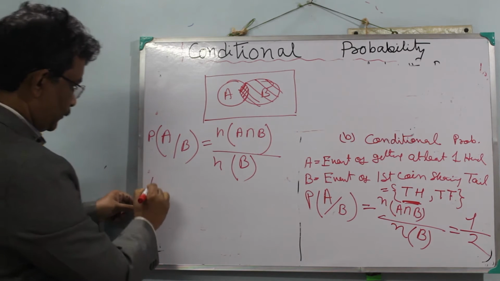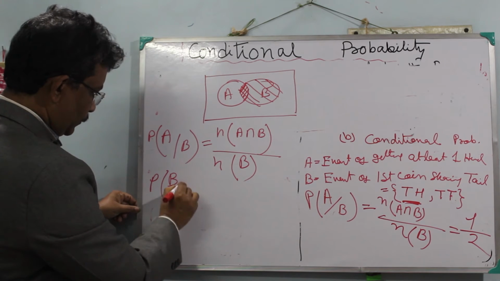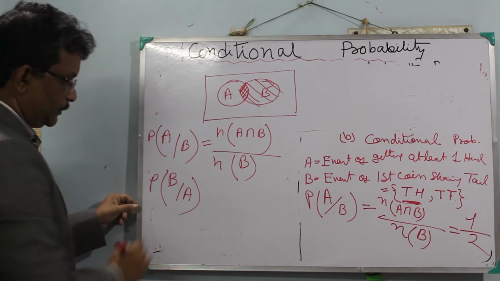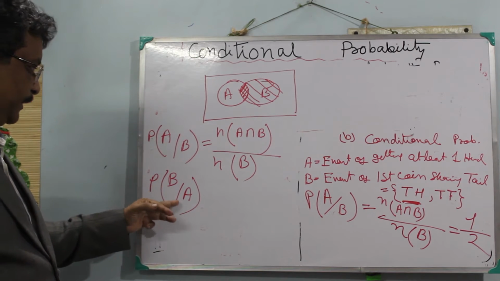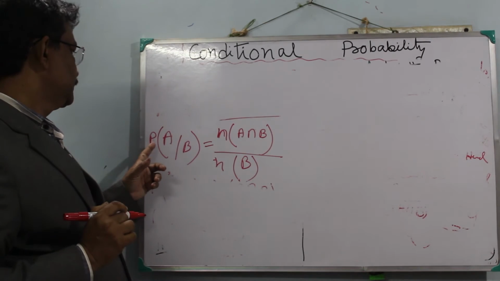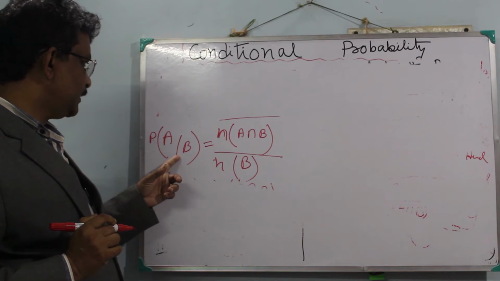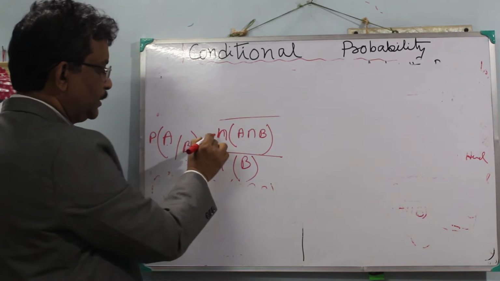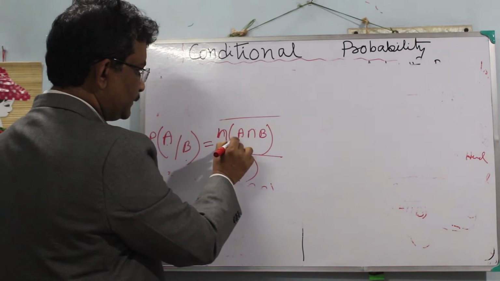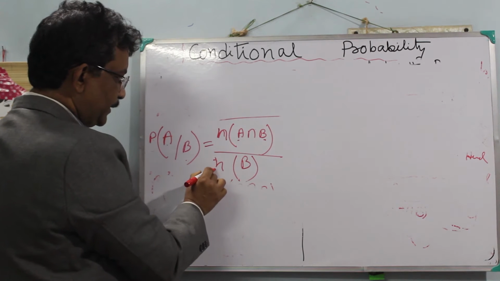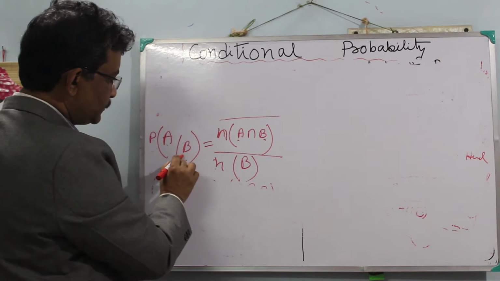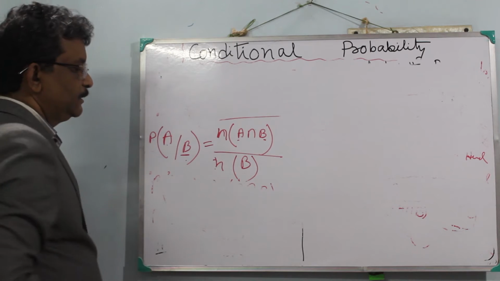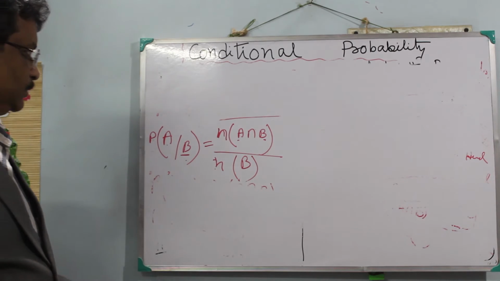And if it is called the probability of B when A has occurred, probability of B when A has occurred. Now what is the probability of A when B has occurred? The conditional probability of A when B has occurred is the number of elements of A intersection B divided by the number of elements of B, because event B has occurred.